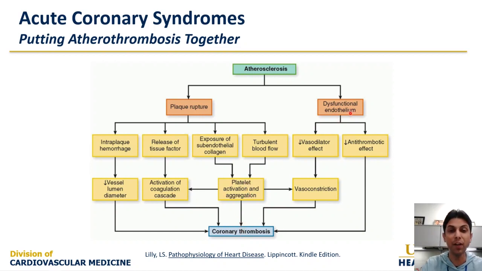And then we can get a dysfunctional endothelium, which results in a decreased vasodilator effect, such that there's now vasoconstriction, making that stenosis even worse and resulting in coronary thrombosis. There's also a decrease in antithrombotic effect associated with a dysfunctional endothelium that also results in coronary thrombosis. So all of this together, the final common pathway is coronary thrombosis.